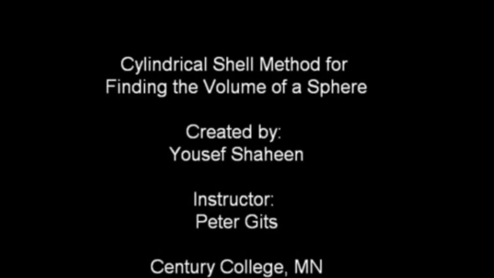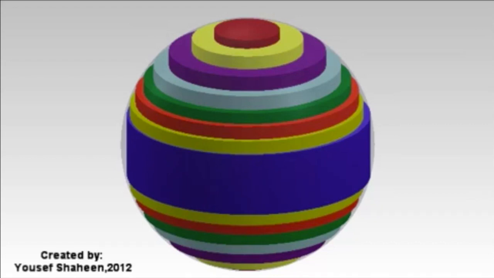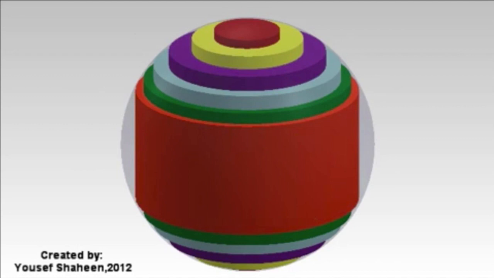Okay, so we're going to use that to figure out the volume of these shapes, because we can create these shapes using a whole bunch of cylinders inside of each other. So I'm just going to show you a quick video on what that kind of looks like. This video demonstrates what a cylindrical shell thing might look like. So this is a sphere, and it's showing how you could create the sphere with cylindrical shells.